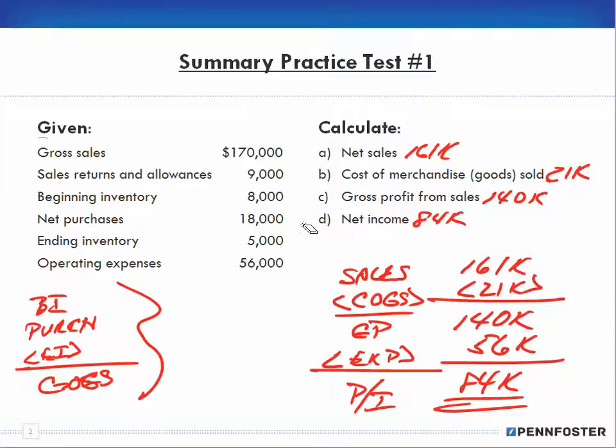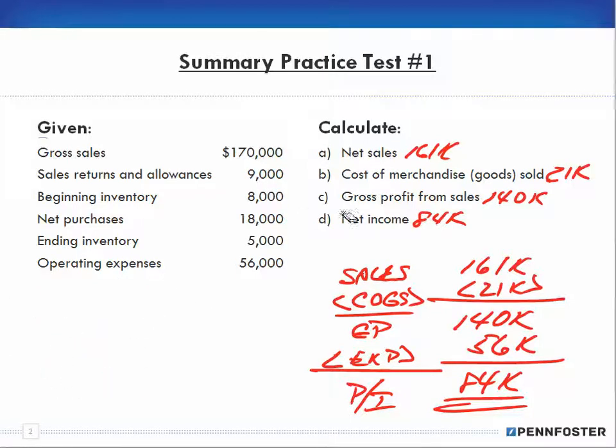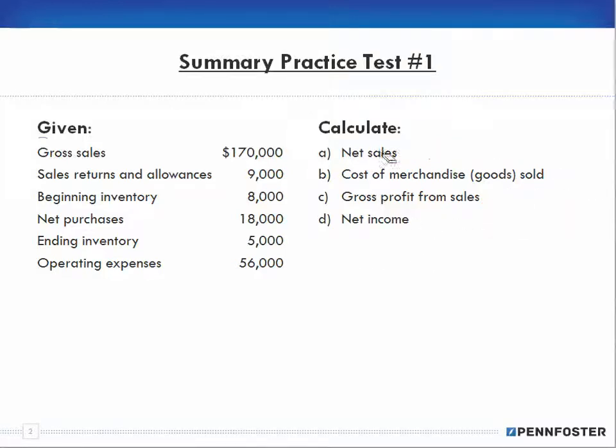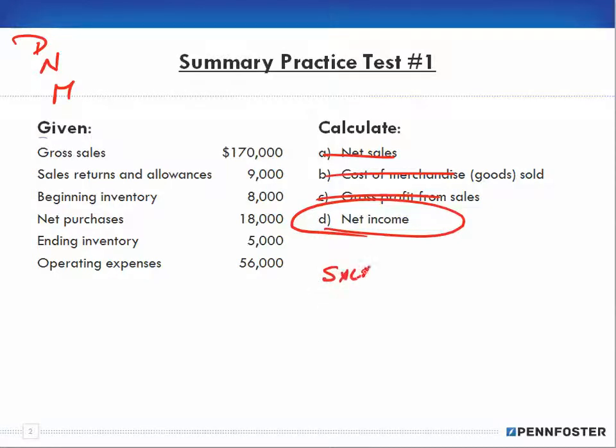But the point I want to keep on trying to make here is that if we started out with our original problem, and let's say we were not told to calculate these three, and we were only told to calculate this net income, we have to understand how our net income is calculated: sales less cost of goods sold gives me a gross profit, and then I take out the expenses in order to arrive at my profit or loss, or my net income or net loss.